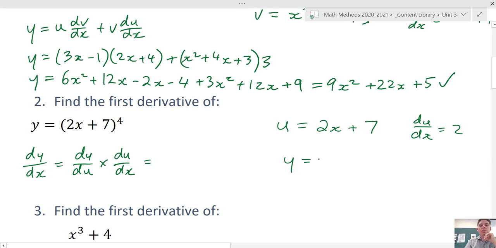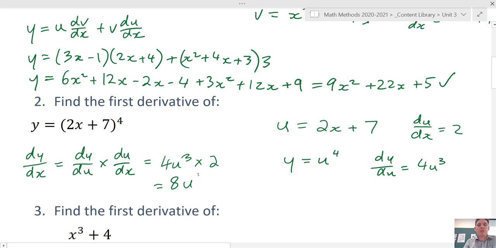If y equals u to the 4, dy/du equals 4u to the 3. Do you remember this? Bring the power out the front, minus 1 from the power. So now I have dy/du, I have du/dx, I just multiply them. dy/du multiplied by du/dx.